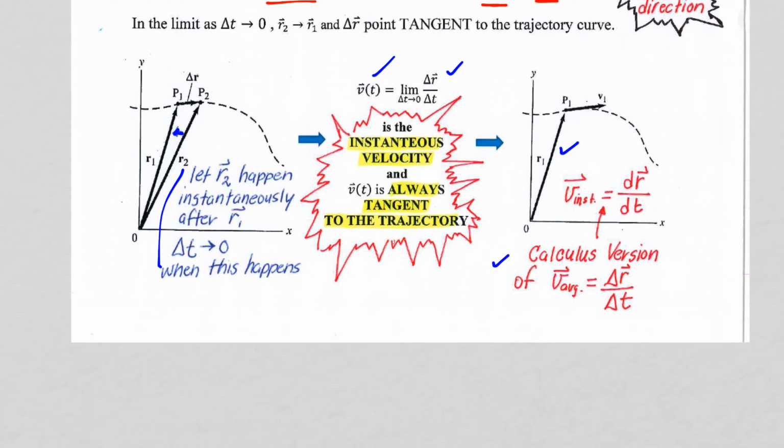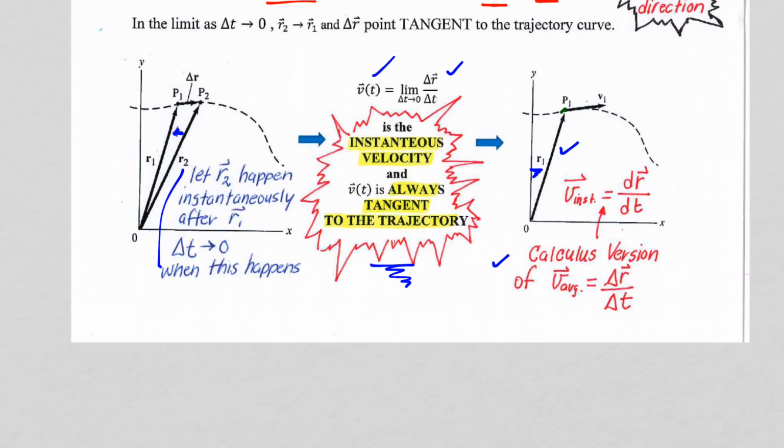And of course, if it's exploded, you highlight it or emphasize it in your notes. The v now becomes the instantaneous velocity, the velocity right at time t1, and that will always, and of course always means always, be tangent to the trajectory or the actual path.